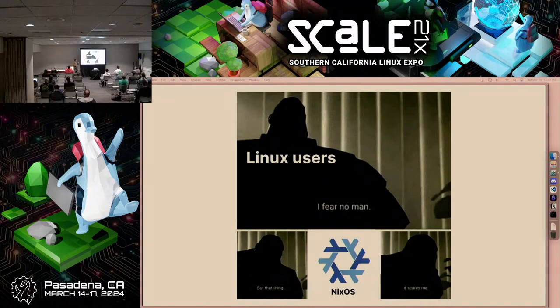Now, for a long time, Nix was kind of scary to the community, right? It's one of those things where a lot of people were really scared to get into Nix because it's hard, right? It was hard to get into and stuff like that. And maybe it's because I'm biased, but I think I understood at this point what hard meant, right? Because I was already going through Arch with different kinds of installers.